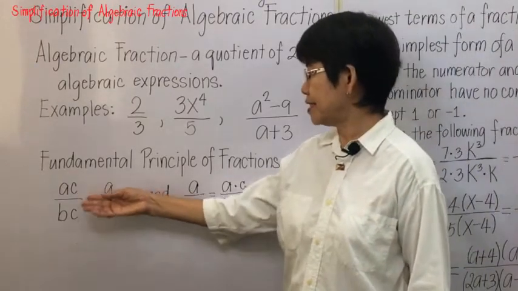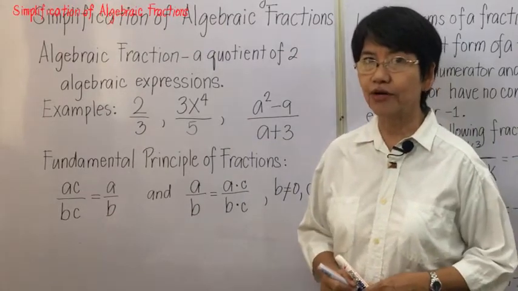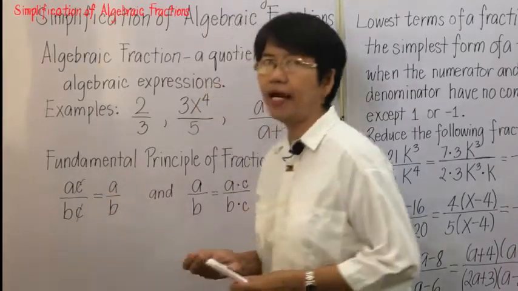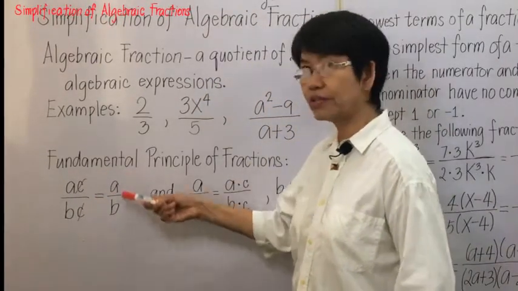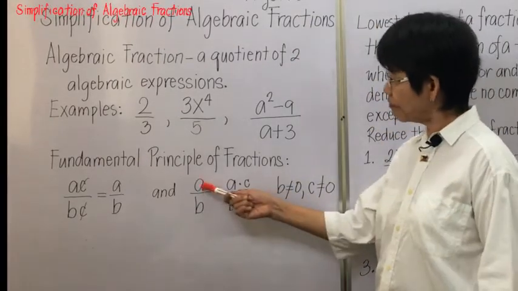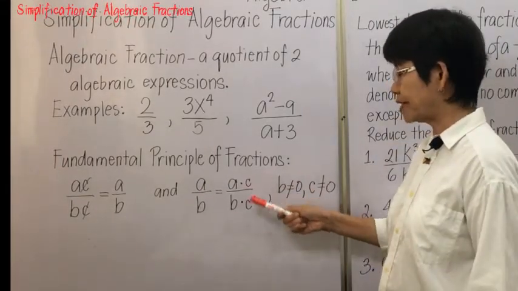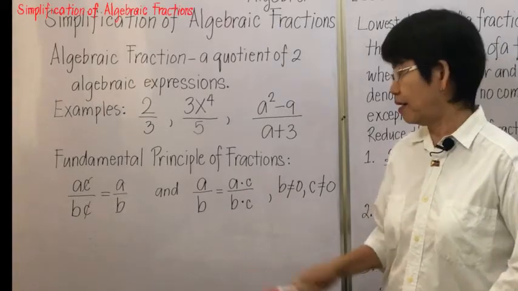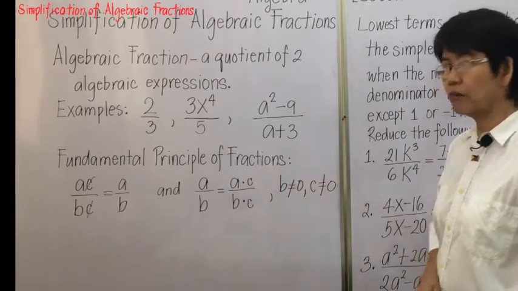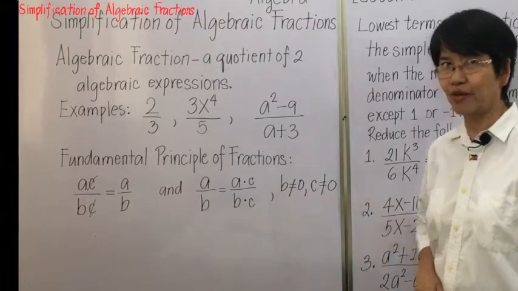Given AC over BC, we can cancel the common factors between the numerator and the denominator, and we get the lowest terms of the fraction. And if we have a fraction and you want to raise it to higher terms, then you can multiply it by a common multiplier, as long as C, the common multiplier, is not equal to 0 and B is not equal to 0.